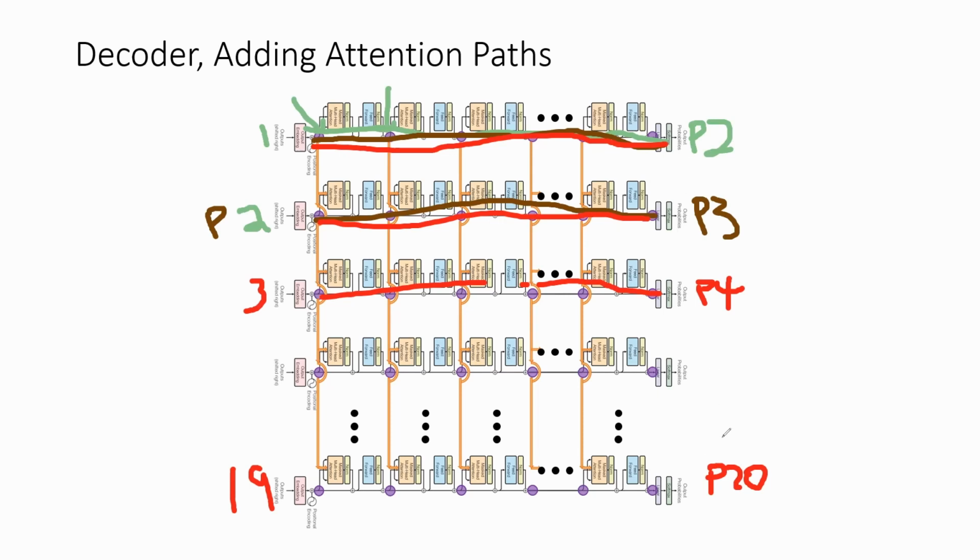Yeah, and the difference from inference is that you don't feed in the P2, you feed in the 2 from your training sample. Yes, when you're in training mode, you give it the ground truth in all token positions as input. Right.